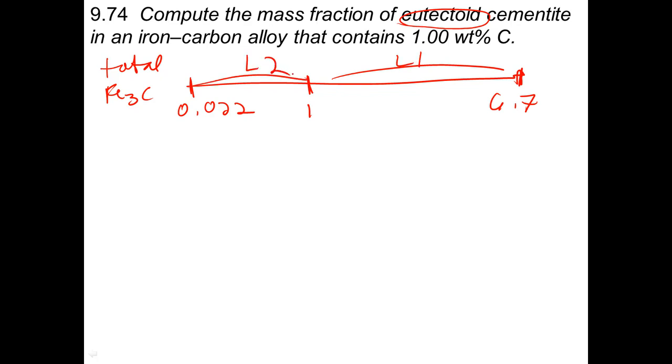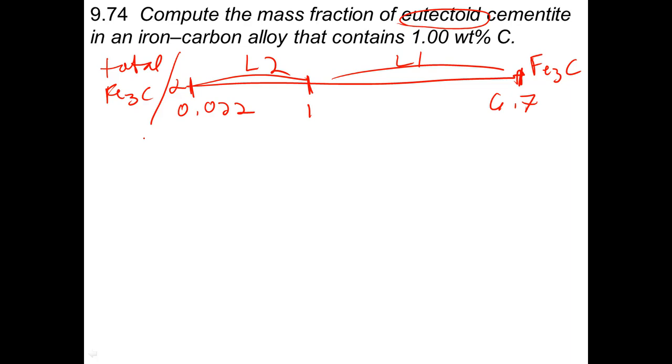So I'm starting working just below that eutectoid temperature, and I'll get the total cementite by using that tie line bounded on the right by 6.7 for cementite, and on the left bounded by ferrite.